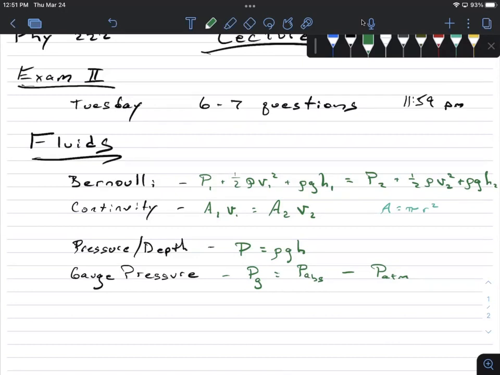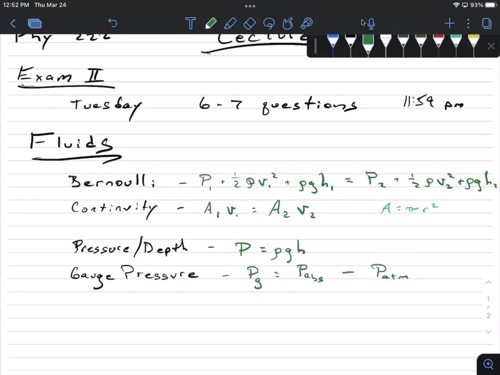Okay, so just note that, because of course that's how the real world works. As I used this example before, you go pump up a bicycle tire, you plug in the pump, and the little gauge on the pump that tells you how much pressure is in the tire would say 0 if it's empty. But of course, we know the actual pressure in the tire is not 0 because the atmosphere is there pushing on it.